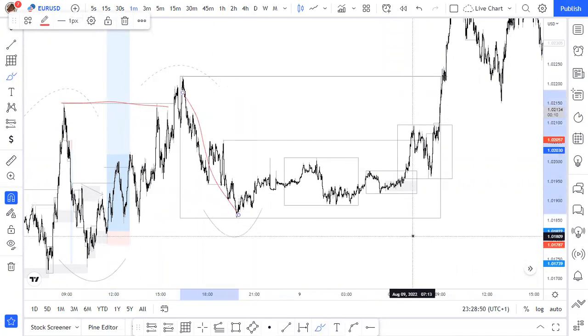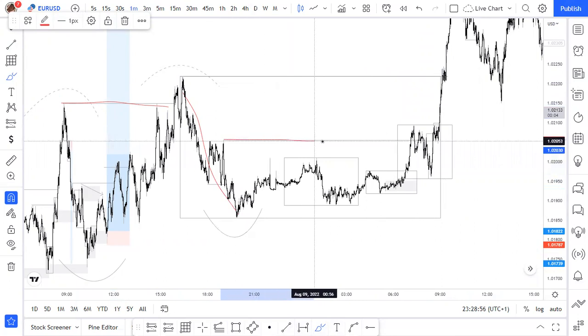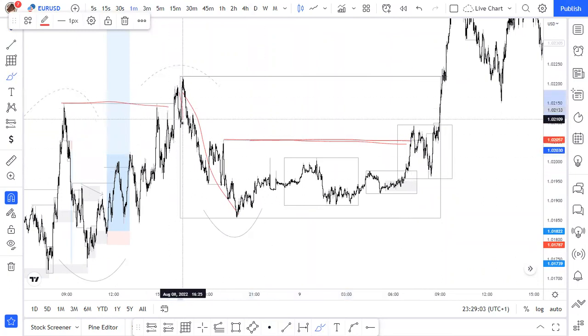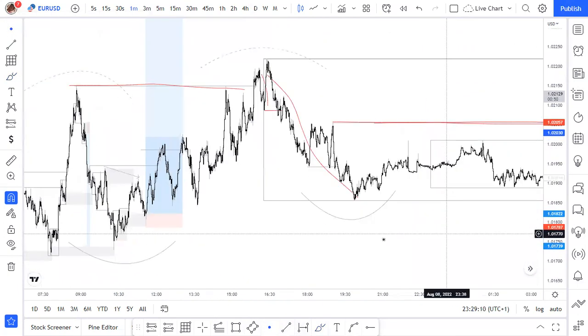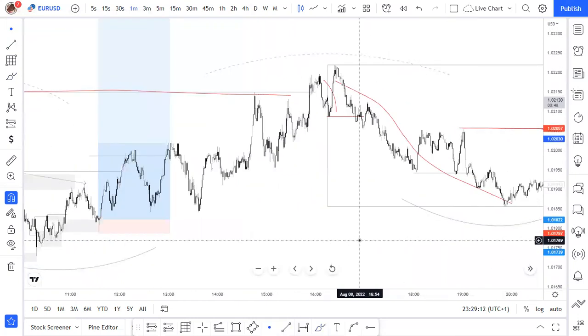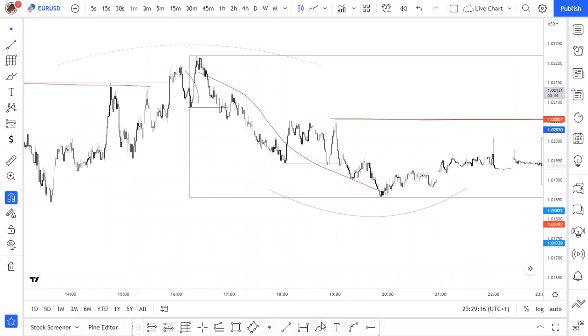So when I woke up around 7, price was already somewhere here. We hadn't broken the structure yet. So that was when I marked this out and said, okay, if we get a break of this structure, because now price is pulling back bearishly after we had this break here.